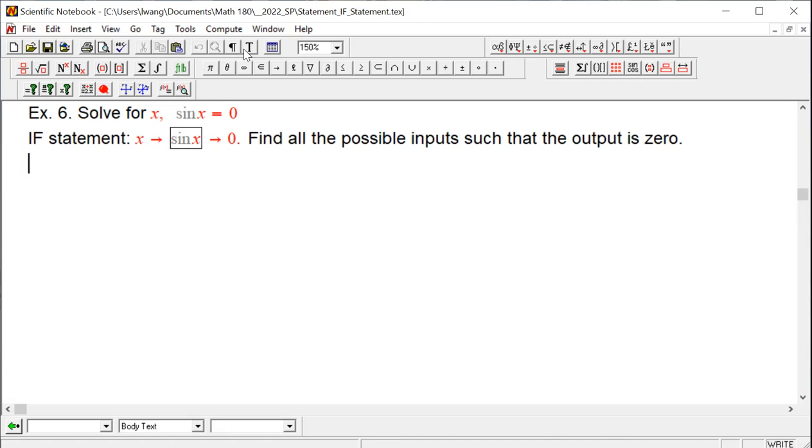So I'm going to give you 2 perspectives. The first perspective is from the definition of the sine function.